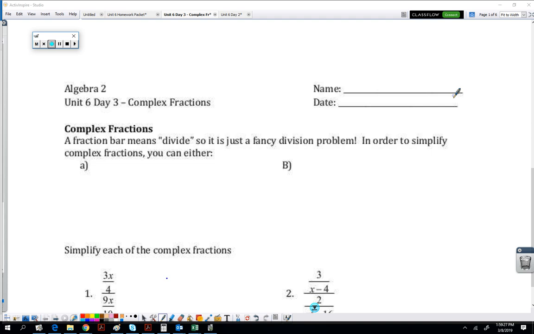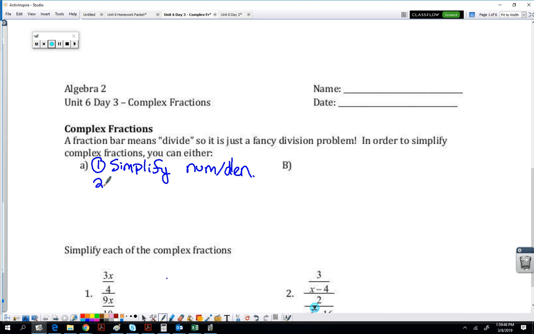We are going to be talking about complex fractions. Pretty much a complex fraction is a fancy division problem. So you can do it two ways. Step number 1 is you could simplify your numerator slash denominator.